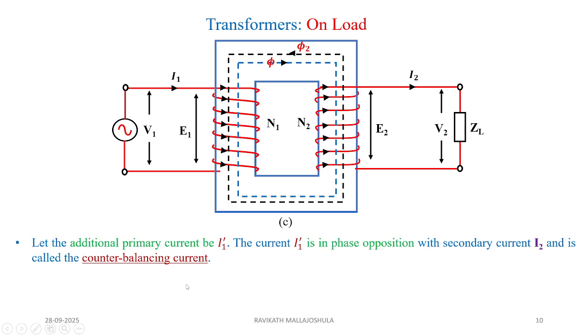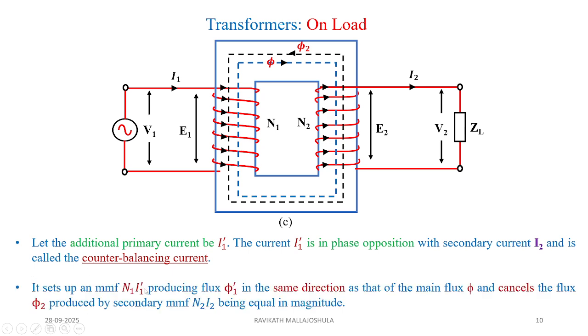This counterbalancing current sets up N1 I1 dash, producing a new flux phi 1 dash in the same direction as that of the main flux, and cancels the flux phi 2 produced by the secondary MMF N2 I2, being equal in magnitude. So you can see the flux line, which is shown by this dotted phi dash. Now this is cancelling the phi 2.